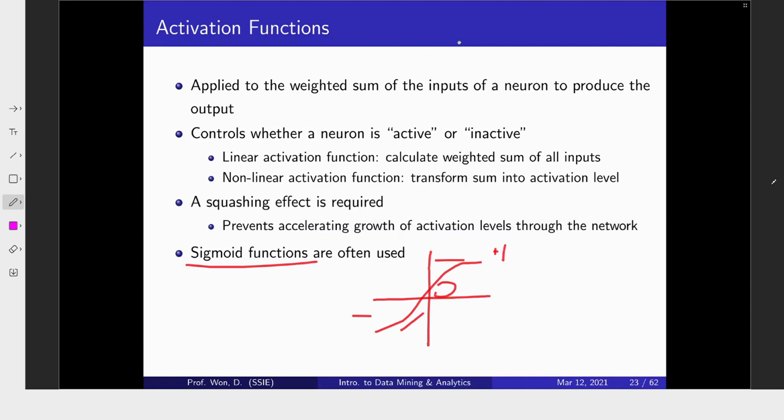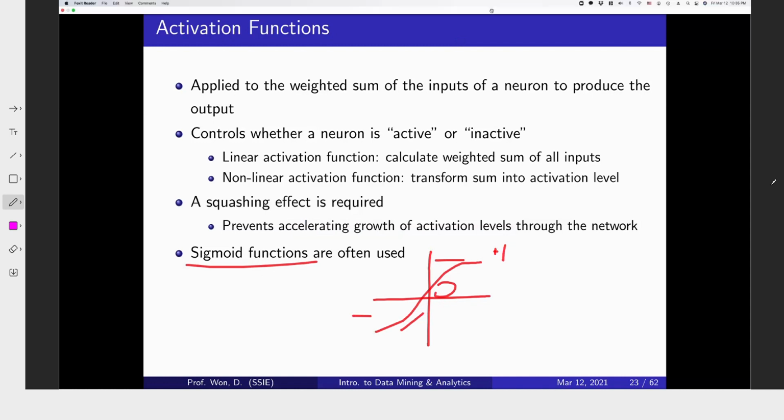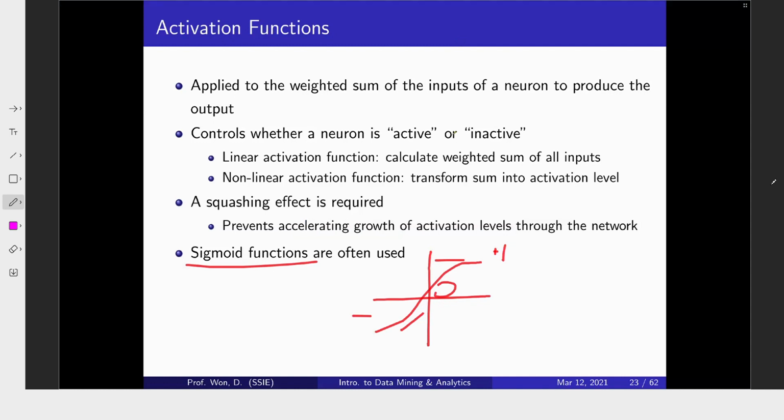Why? Because the sigmoid function is very easy to take the derivative of in terms of calculation. This is a little bit out of scope of my lectures, but in the future, if you think about why people use the sigmoid function, it is easy to calculate. Got it? So let's move on to the next thing.